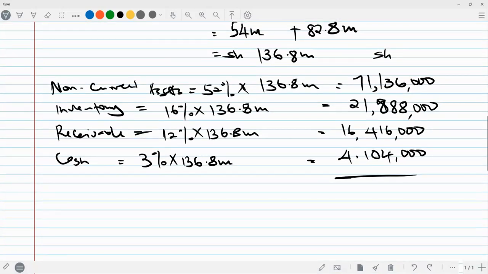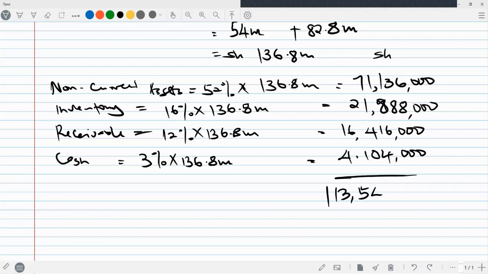Total increase, therefore, is how much for those 4 accounts? 113.544. Okay, the increase in assets between those 2 years, 113,544,000. Next step, of course, is how do we finance it?